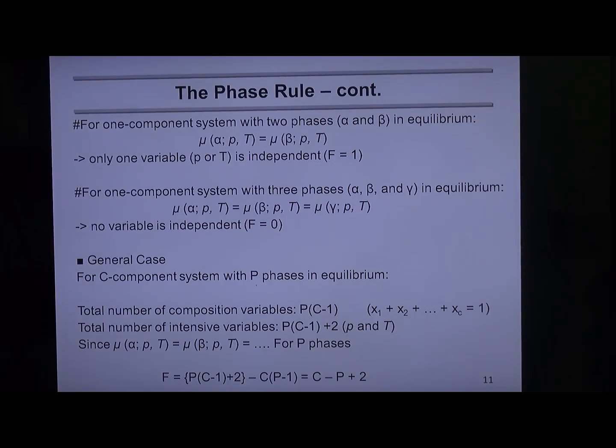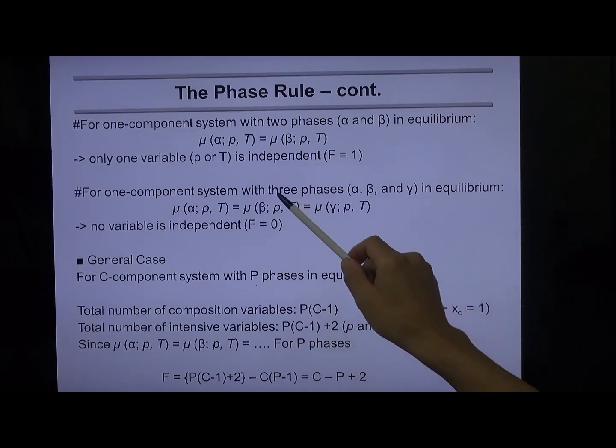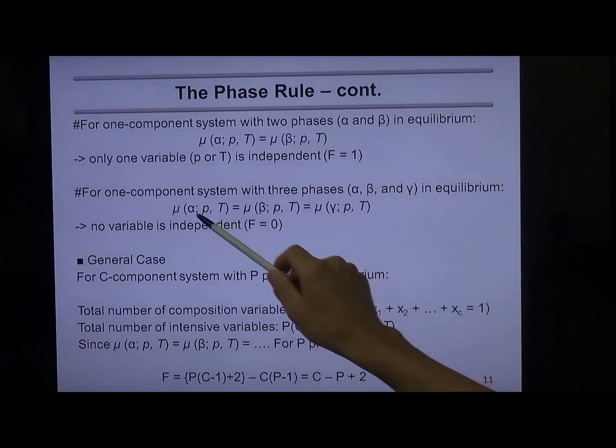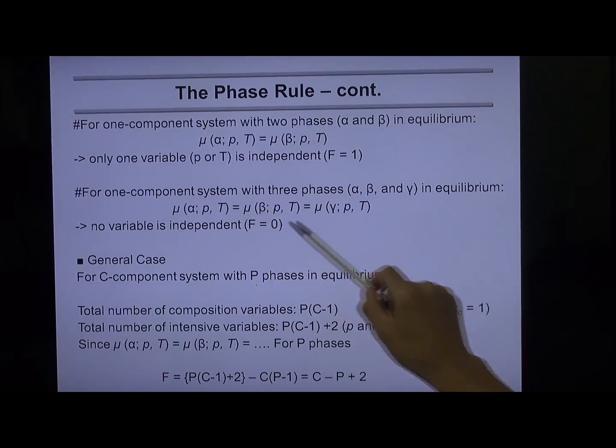Alright. Since p different phases are at equilibrium, we have these kinds of equations for p number of phases, right? Chemical potential of alpha phase, chemical potential of beta phase, chemical potential of gamma, and so on, for p phases are the same, right? Which means that basically we have p minus 1 equations. When we had 3 different phases in equilibrium, we had 2 equations.